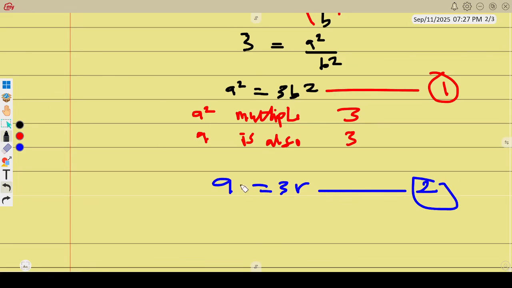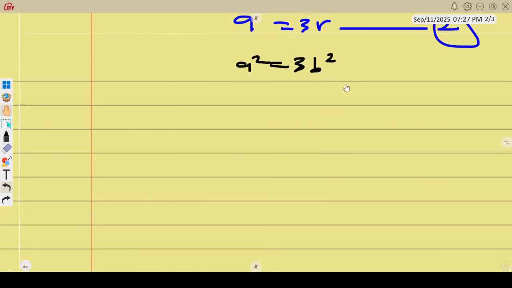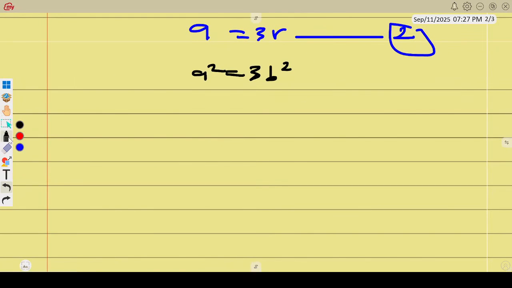If we rewrite equation 1, we have a squared is equal to 3b squared. Now let's put equation 2 into equation 1. Where there's an a, we just put brackets and the square. So this is equal to 3b squared. So a is 3r. Let's simplify.